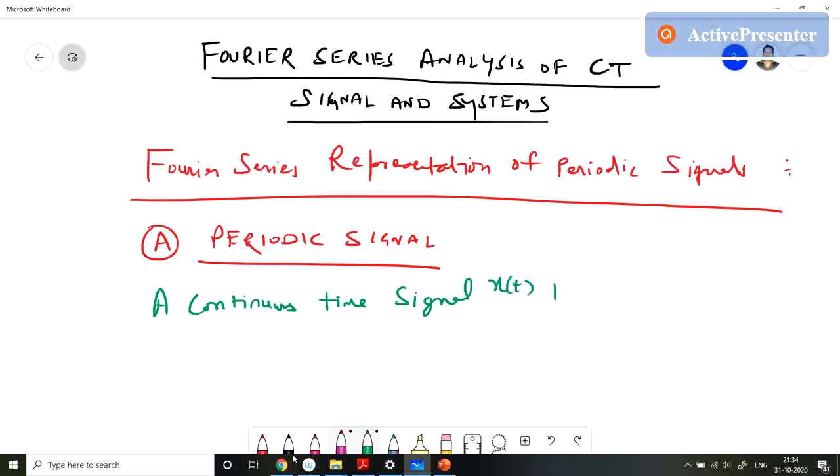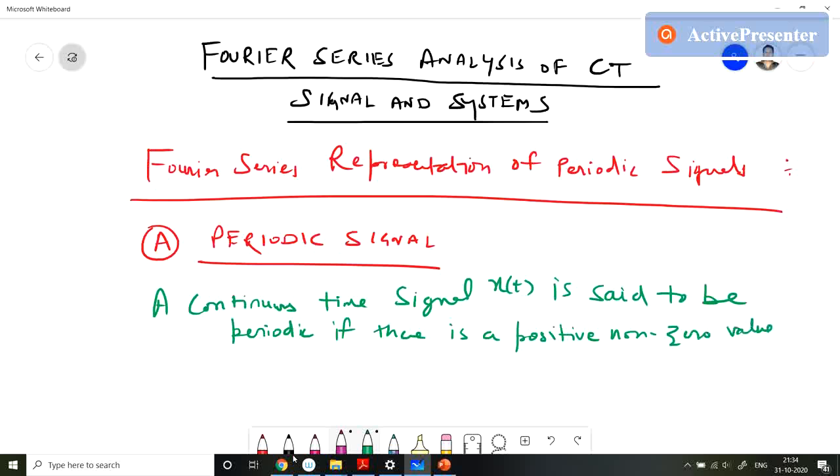A continuous time signal x(t) is said to be periodic if there is a positive non-zero value of T for which x(t plus T) is equal to x(t) for all values of t.